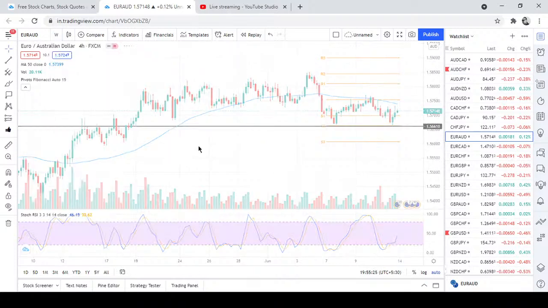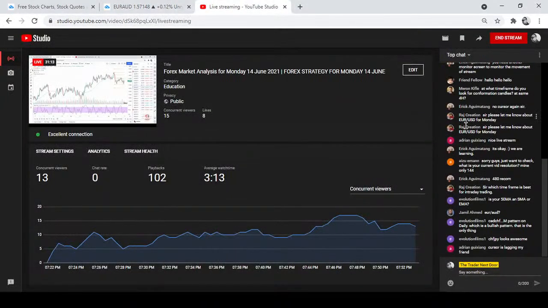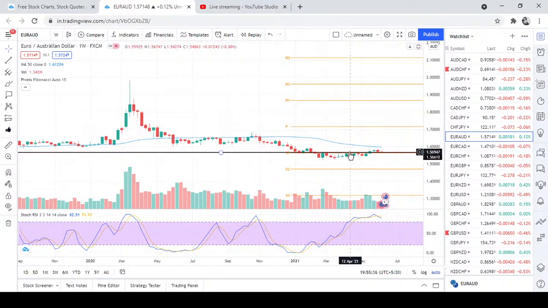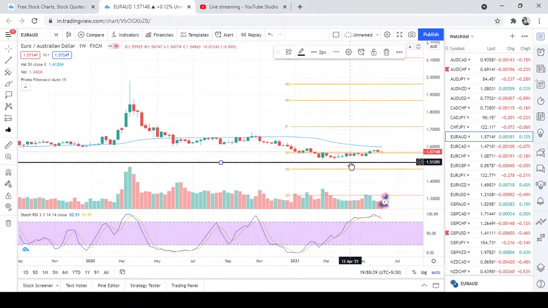Let's switch to the weekly time frame and see. This is the weekly time frame, and there is not much movement on it.